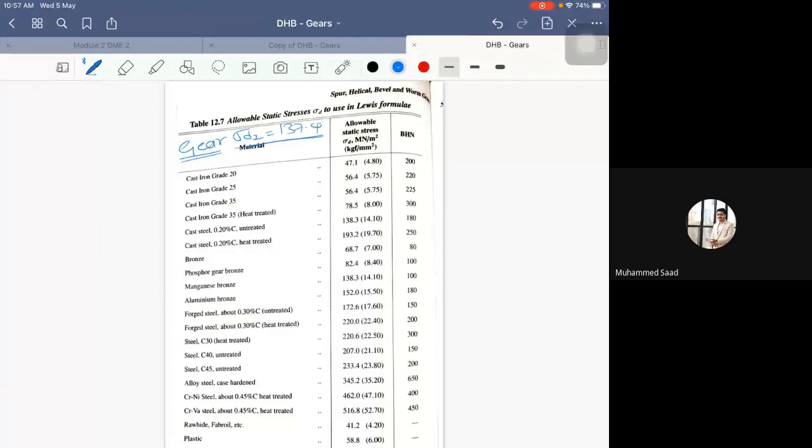So, this is the way you have to analyze things. Now we have to pick the material and then choose the hardness number, which is close to the allowable stress value. Which material is close to the allowable stress value?